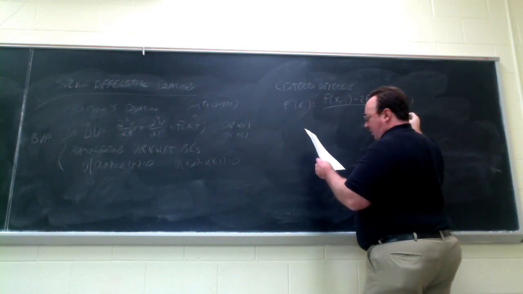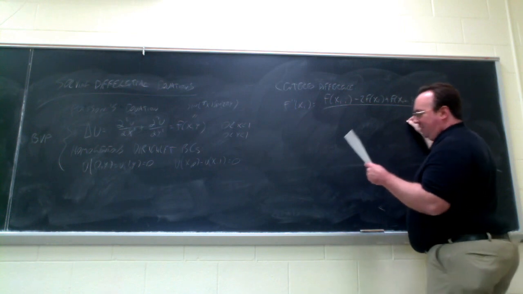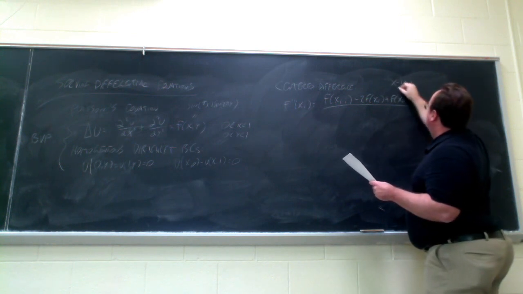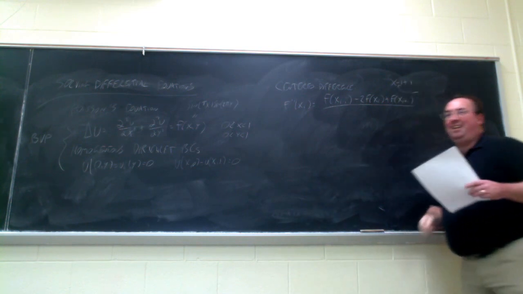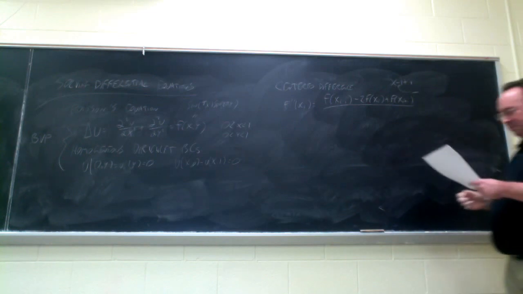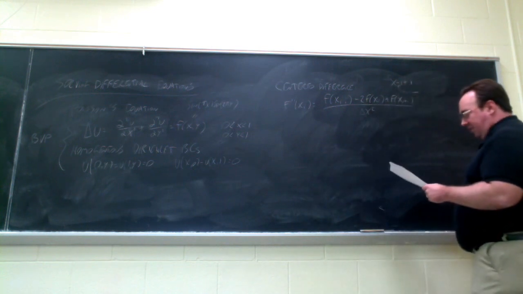Oh wow, okay, it's supposed to be xi plus 1. In the notes, it actually says x minus i plus 1 because that is supposed to be an underscore, not the minus. So, whoops. Over delta x squared. We're assuming equal spacing.